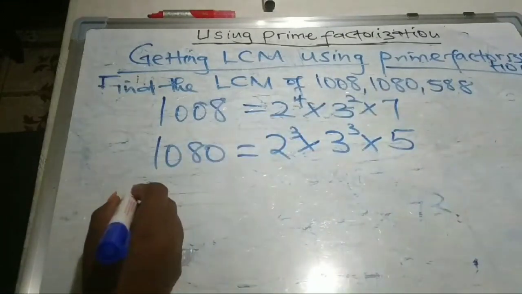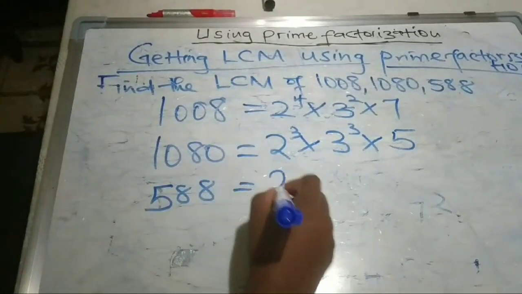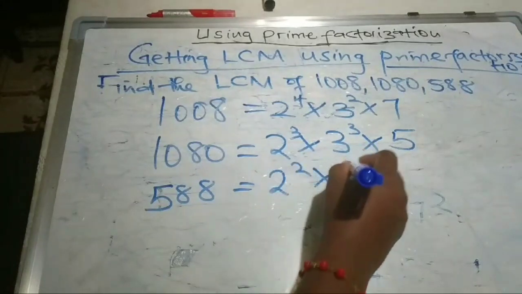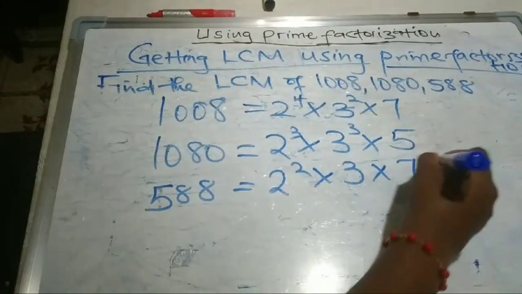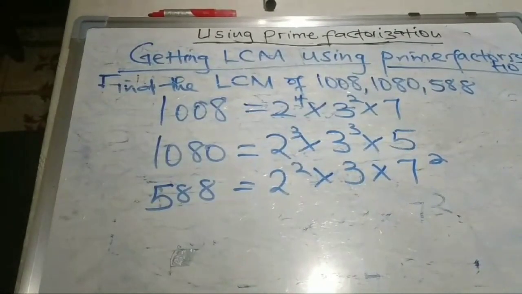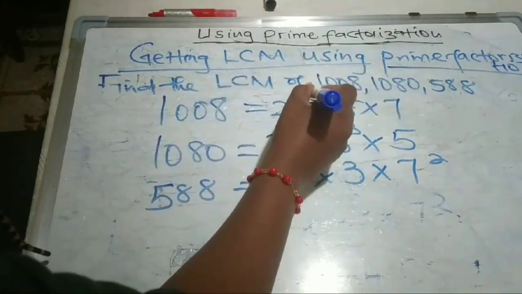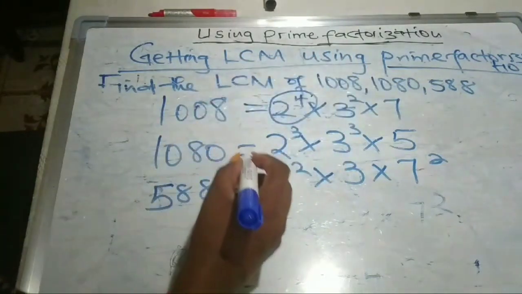And the factors of 588 are 2 power 2 multiplied by 3 multiplied by 7 power 2. Now, what we do in this case, we are going to pick those numbers with the highest value. For example, looking at 2 power 4, 3 power 2, and 7, 2 power 4 has the highest value.